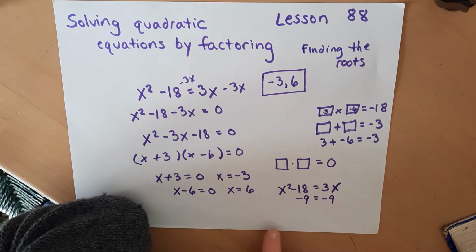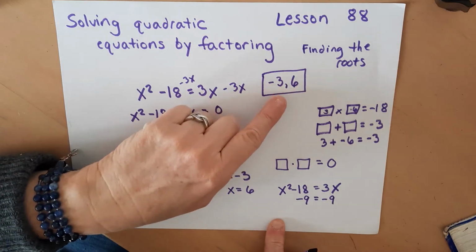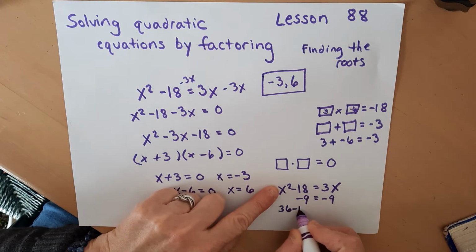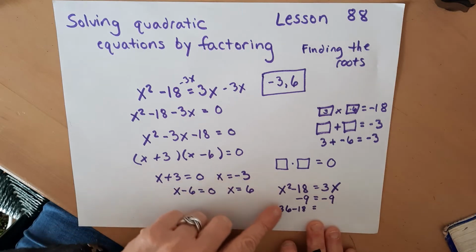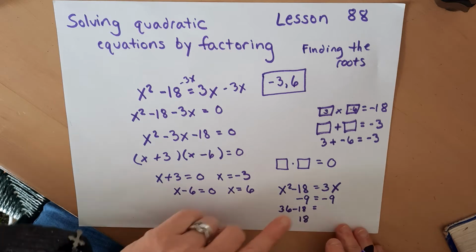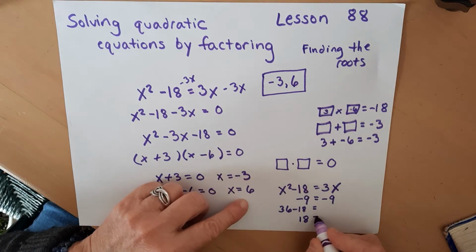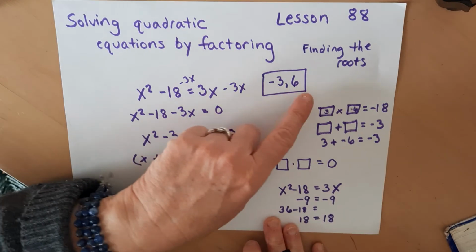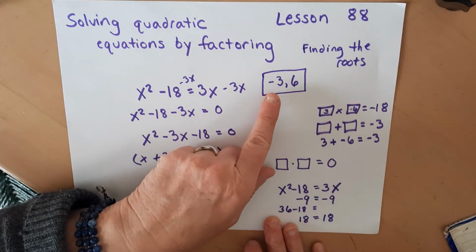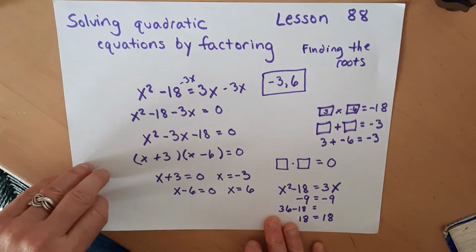They're equal, so that's correct. Let's put in 6. 6 squared is 36, minus 18 is 18. And 3 times 6 is also 18. So both of our answers work. The answer when you solve this quadratic equation and find the roots is negative 3 and 6.